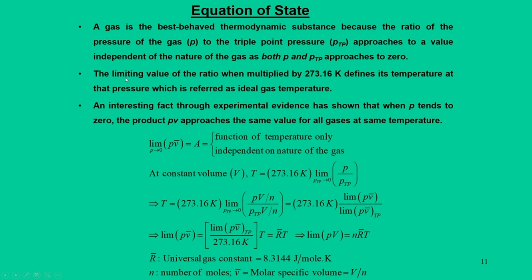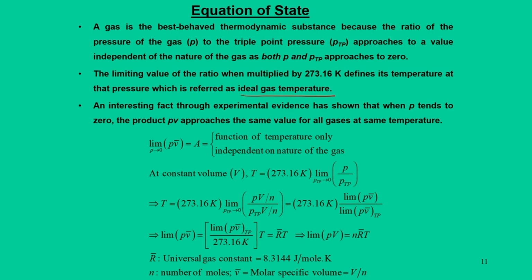The limiting value of this ratio, when multiplied by 273.16, defines the temperature at that pressure, and normally we call this the ideal gas temperature.